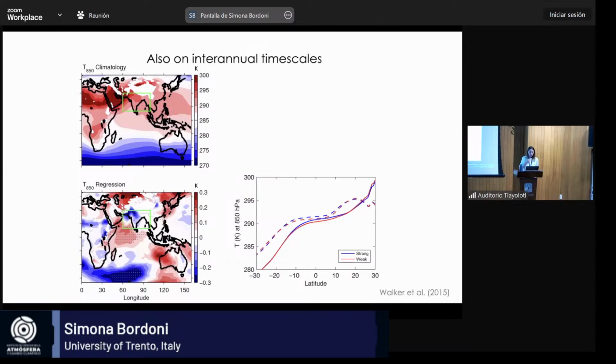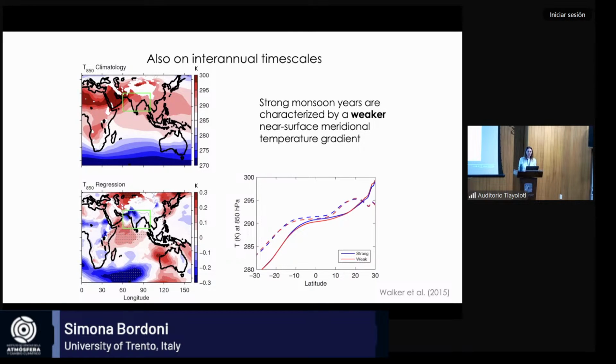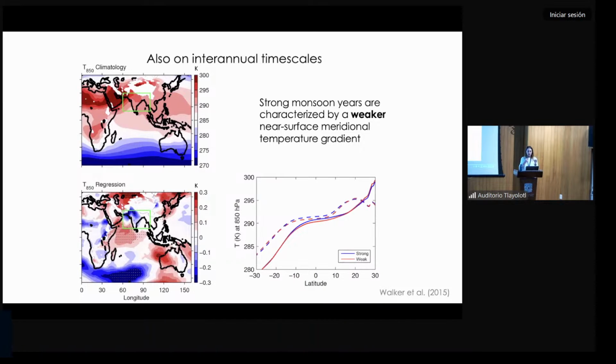If I were to show you the moist static energy gradient, we would clearly see a much stronger moist static energy gradient in a year of a strong monsoon. And so let me emphasize how strong monsoon years are characterized by a weaker near surface meridional temperature gradient. So any index built on the near surface meridional temperature gradient is giving us the opposite answer.